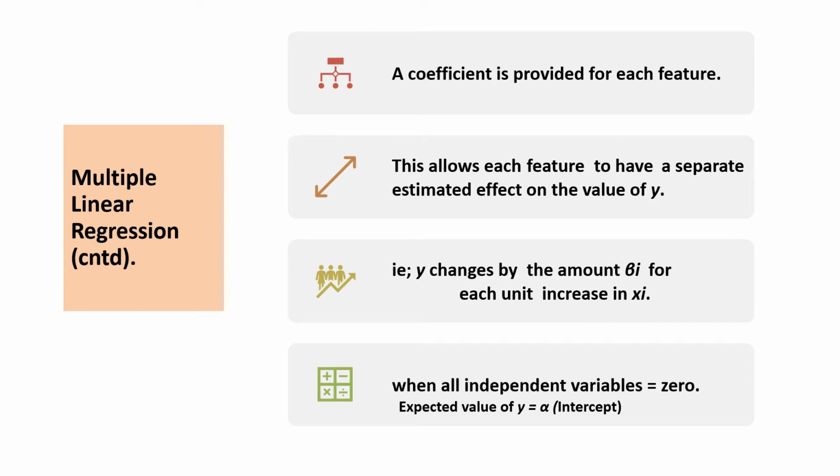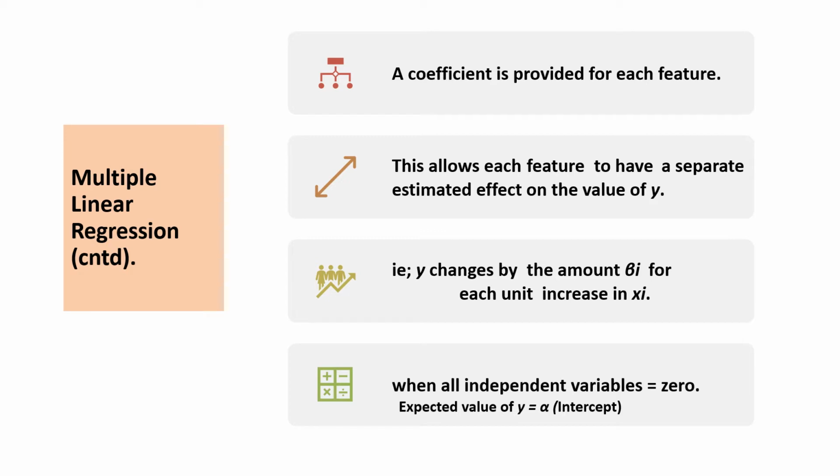Because of the presence of this coefficient, each feature has a separate effect on the value of y, the dependent variable. That is, y changes by the amount of beta i for each unit increase in xi.